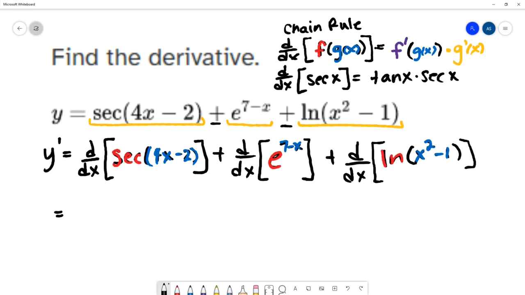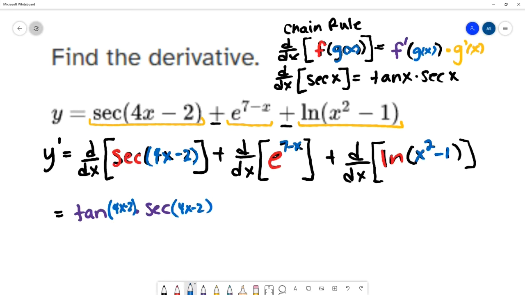So the derivative of secant is tangent times secant, or secant times tangent. So we have to follow that derivative rule for the outside. So the derivative rule for secant is that it will be tangent of something times secant of something. Now that something that's on the inside is the 4x minus 2.